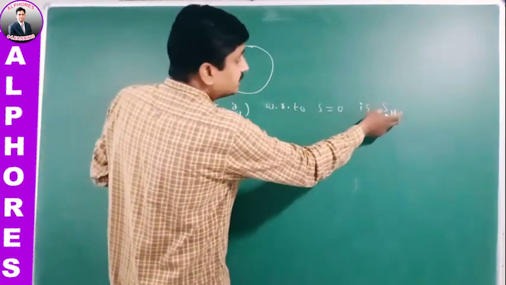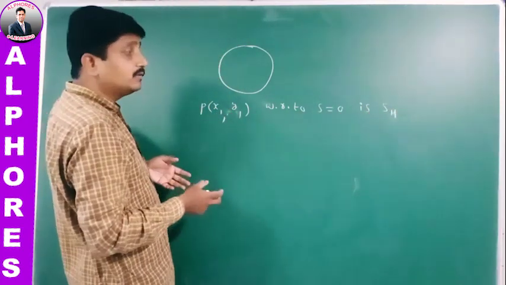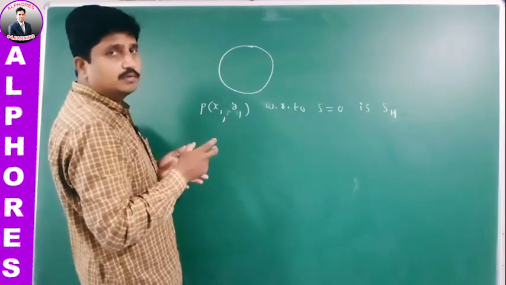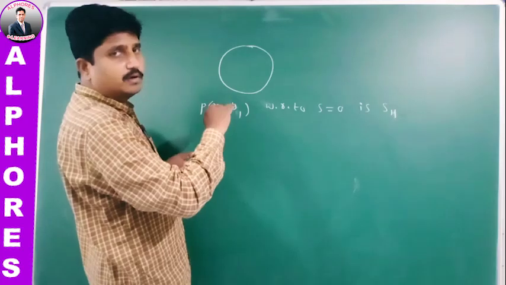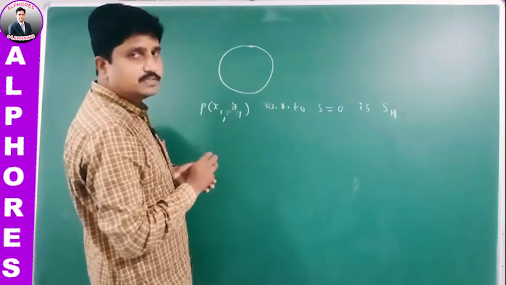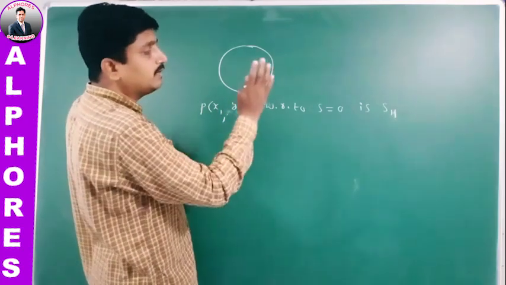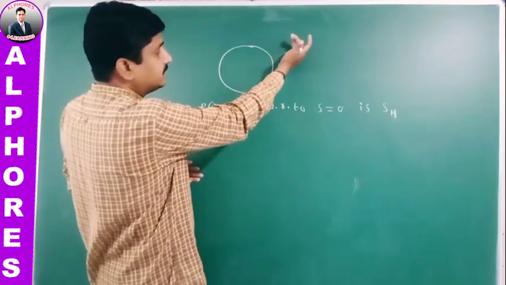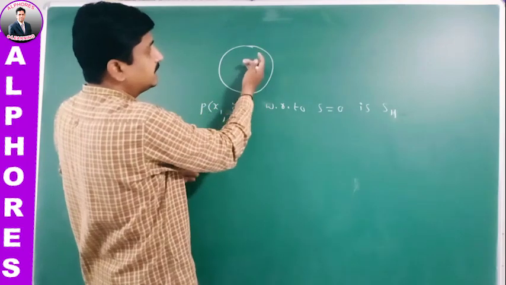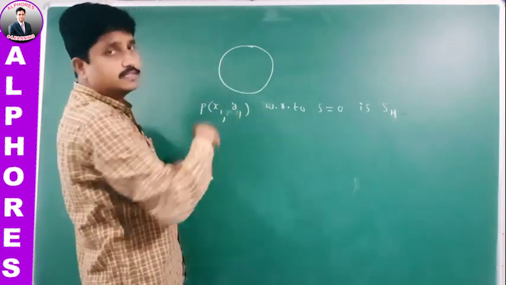According to the value of S11, we have to say whether the point P is interior to the circle, exterior to the circle, or on the circle.